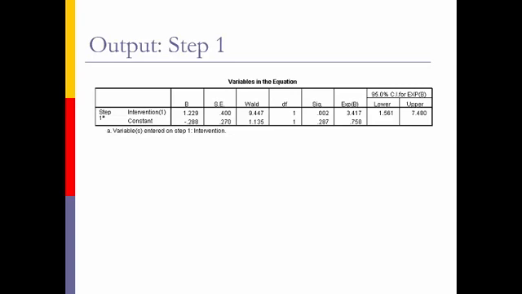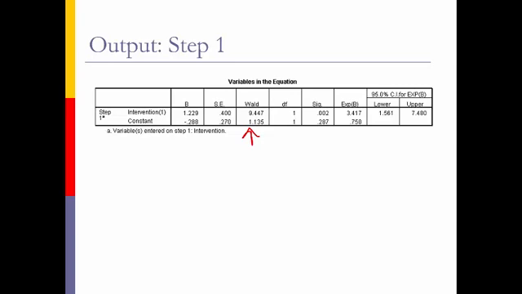First thing that we're going to look at is the Wald statistic. We're going to look at this Wald statistic right here, and that's going to tell us whether the beta is significantly different than 0. Obviously, if it is, the predictor is going to make a significant contribution. But we do have some concerns here: if our beta is large and the standard error is inflated, this will underestimate the Wald.